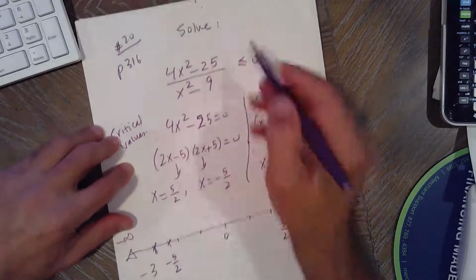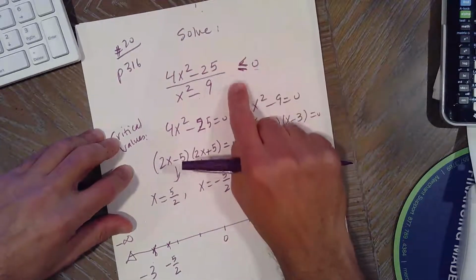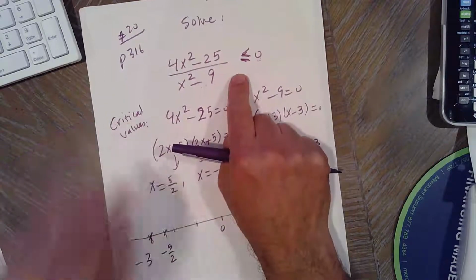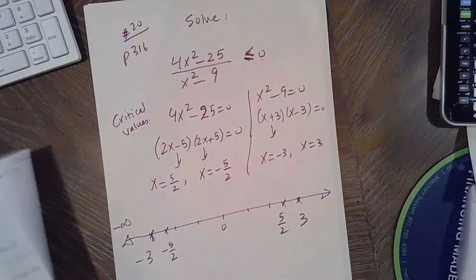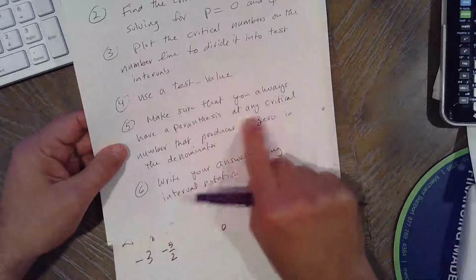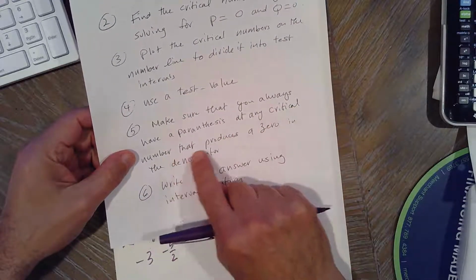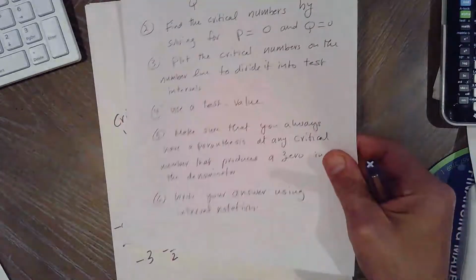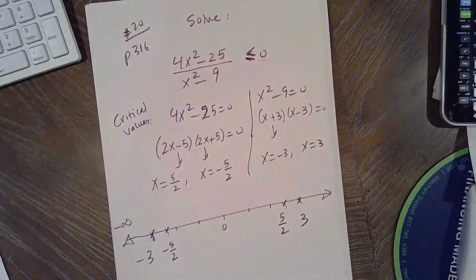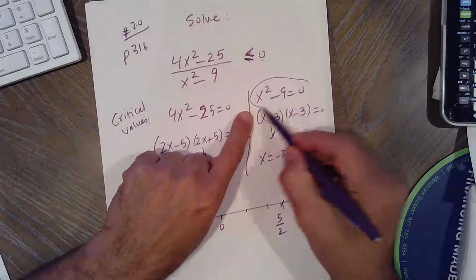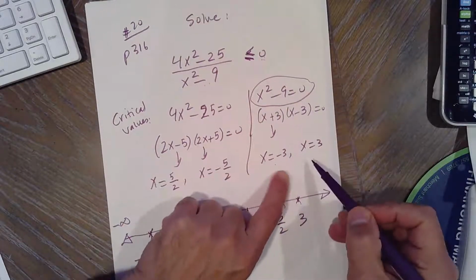Now, since we have less or equal, we're supposed to use what? Brackets. The only thing is, you have to have a parentheses at any critical number that produces a 0 in the denominator. So if you look at the denominator, we got a 0 when x is negative 3 or x equals 3.